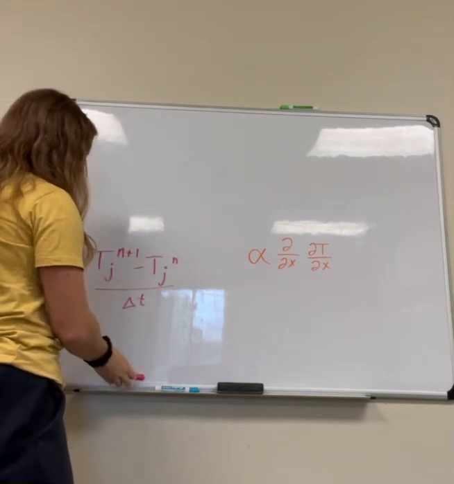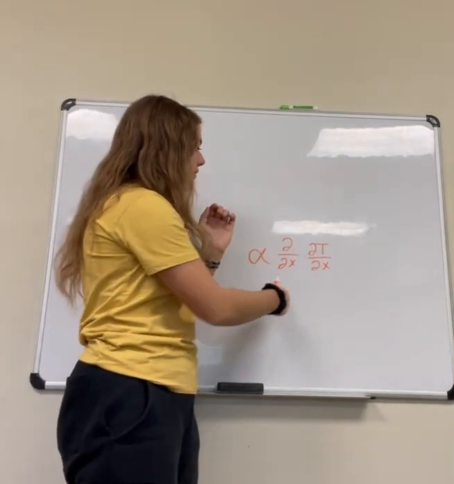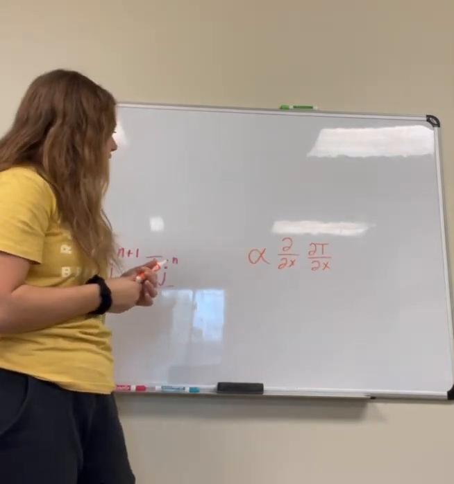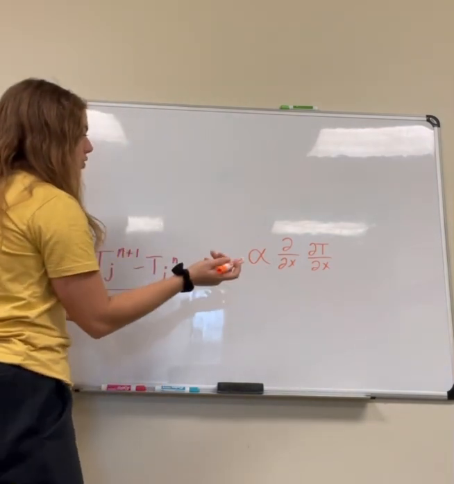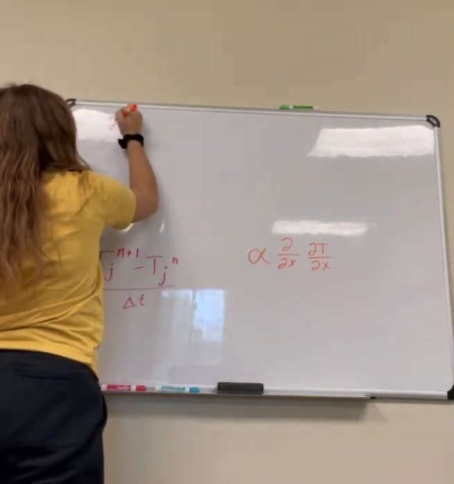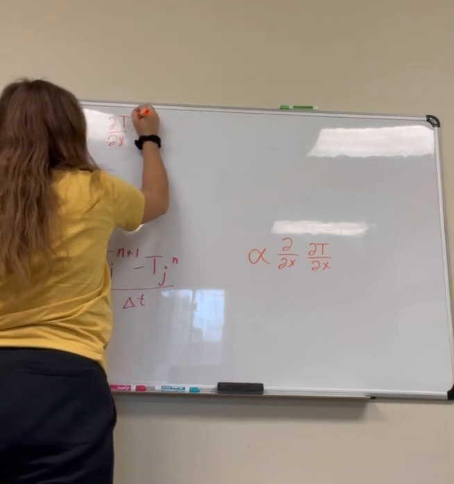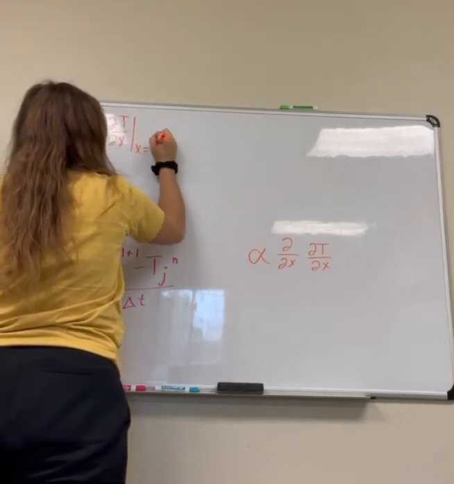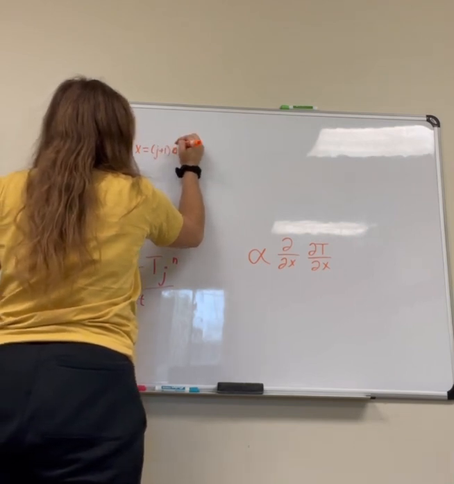So now looking back over at the term in orange, we broke down this derivative again, and we are now going to be looking at approximating the second derivative from this. So the first thing that we're going to do is we're going to be looking at approximating the derivative at j plus 1 first.